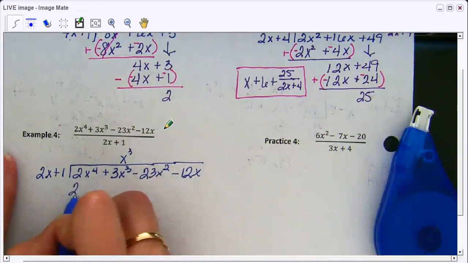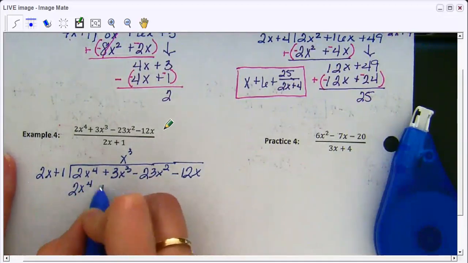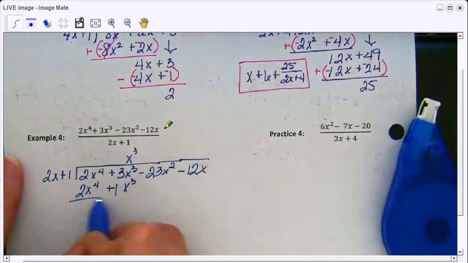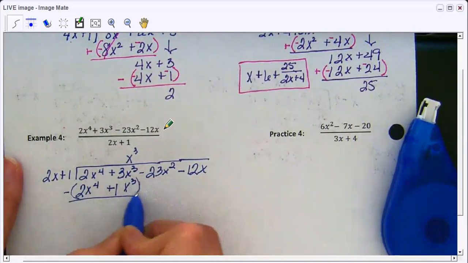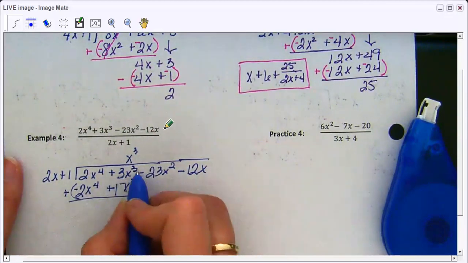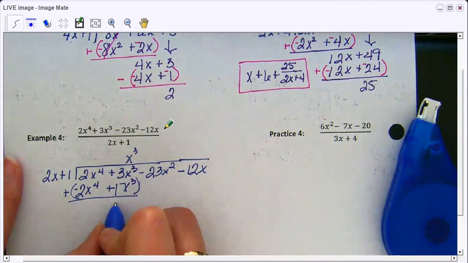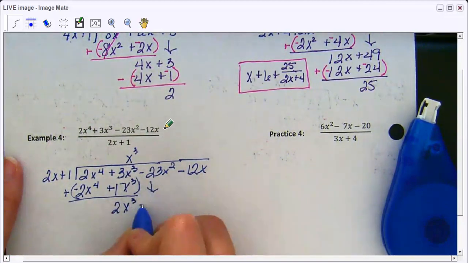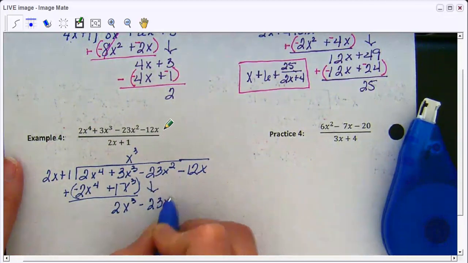So that we get 2x to the 4th plus 1x cubed. Okay. Now we're going to subtract. So now we have 3x cubed minus 1x cubed is 2x cubed. Bring down our negative 23x squared.